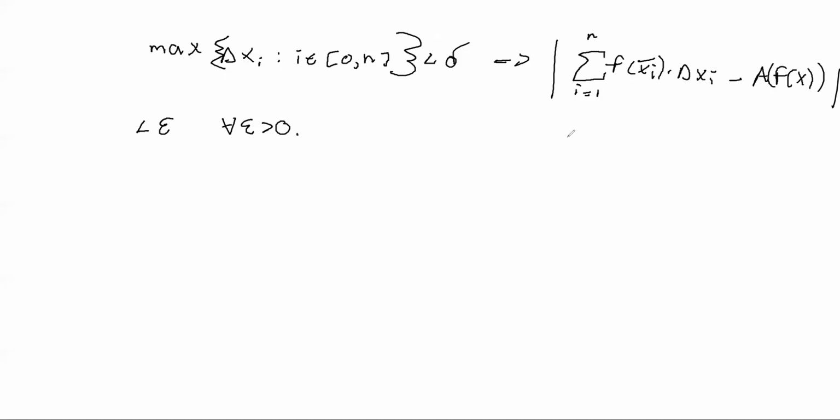So what does that mean? Well, what it means is if I could pick a delta where the max of my widths is less than that, and that implies that my approximate area minus the area is less than epsilon for all epsilon greater than 0, that means that, in essence, this guy is approaching this guy.